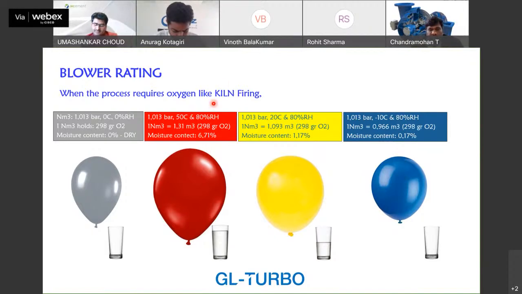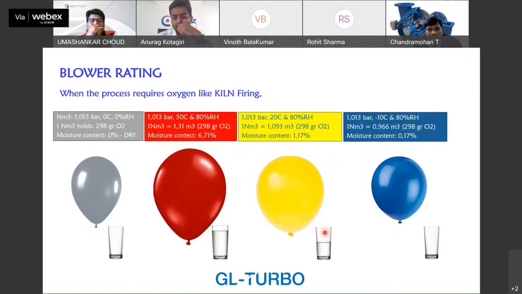And the second thing is the kiln firing, which is always required. Yesterday, one of our friends from Siemens was telling that the kiln is effectively operating at only 6% efficiency. Maybe he was referring to the oxygen, the burning zone temperature, or the fuel.